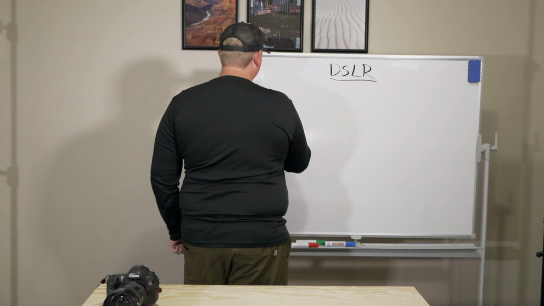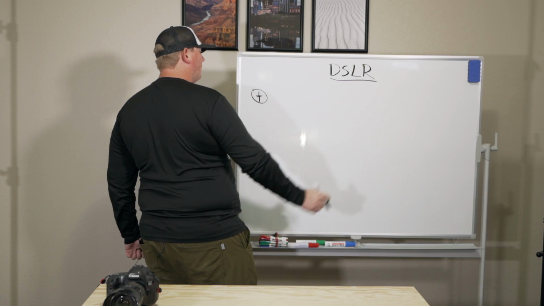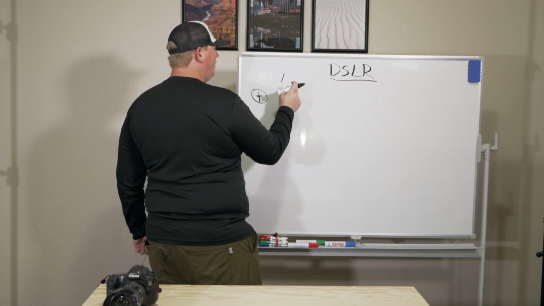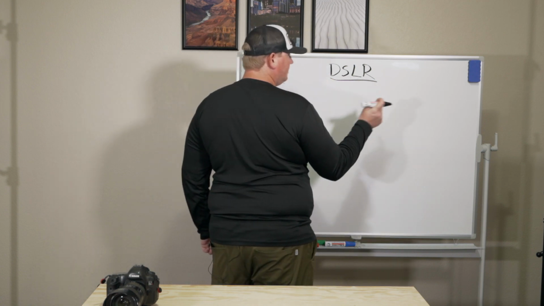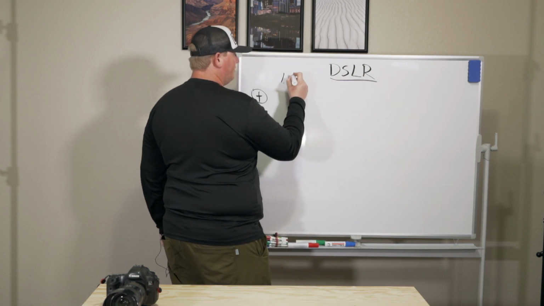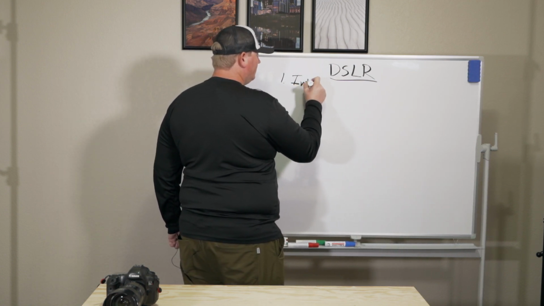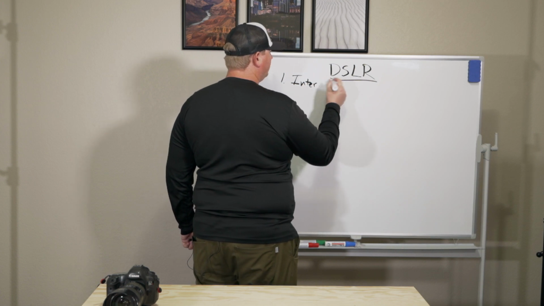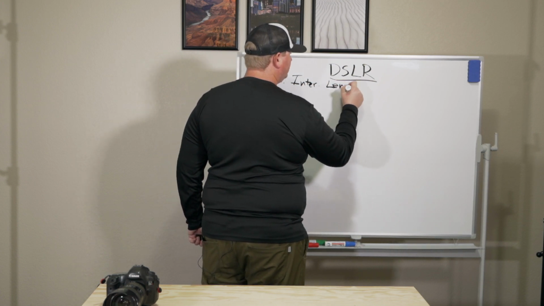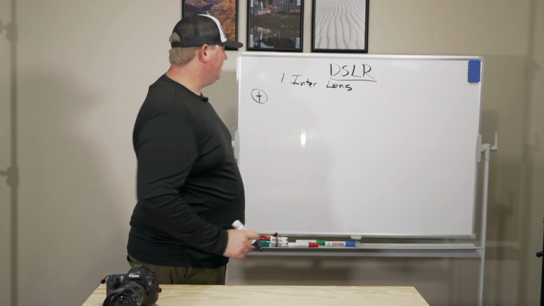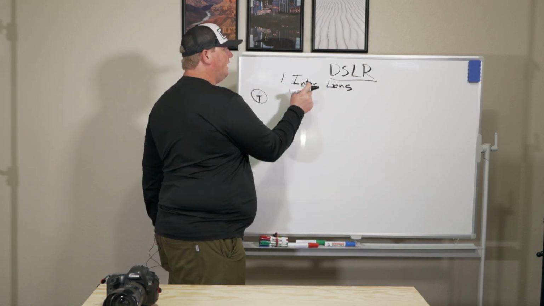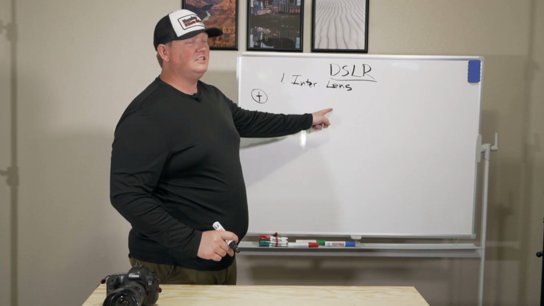Let's get into some positives here real quick while we're on the subject. Number one, our very first big-time positive is the same as the mirrorless cameras: they have an interchangeable lens. We know what this is. We just talked about all the awesome things that come with an interchangeable lens. You've got lens choices, and that is huge, guys.